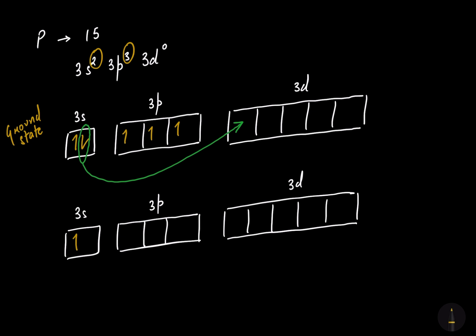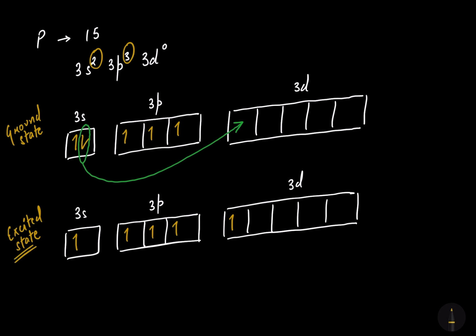So here 3s is having only one electron now. Now 3p is having 3 electrons, the first, the second and the third, and one electron has been excited to 3d. So in 3d we are going to have one electron. So that's called the excited state of the phosphorus.